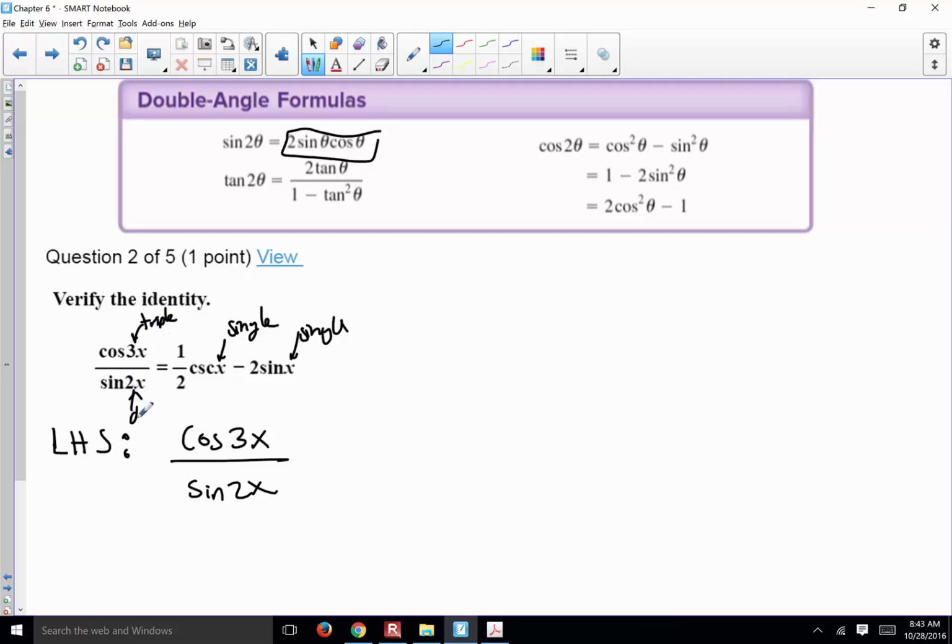I need to reduce this triple to single and double to single. I know how to reduce double to single by simple substitution of that formula. The question is, I don't know how to reduce triple to single. I wish they had provided triple angle formulas here. Well, we don't have it, right? So what can we do?